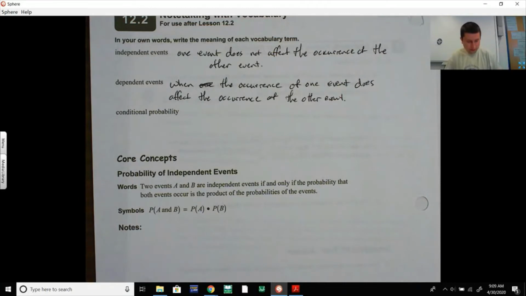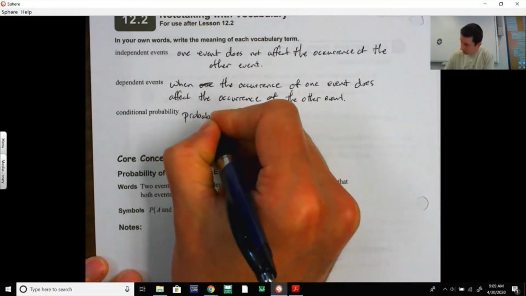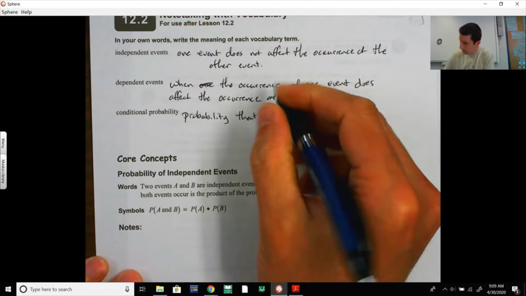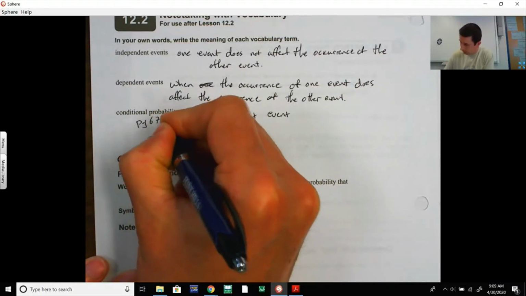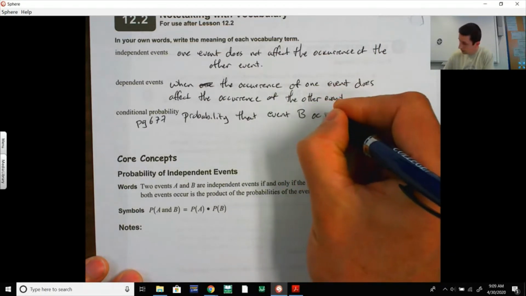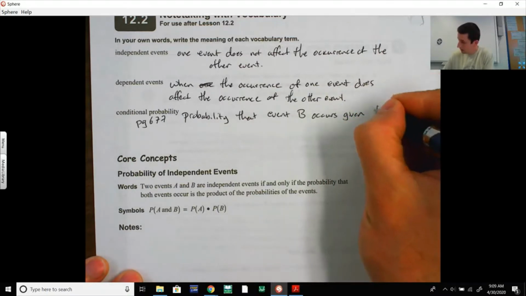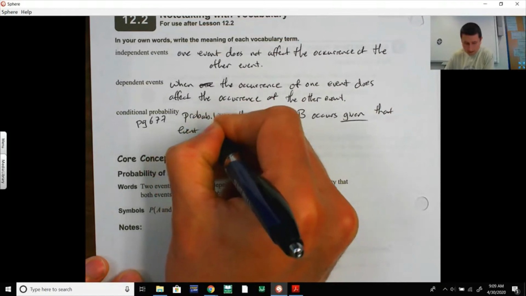Conditional probability. This is the probability, this is from page 677 in your book, that event B occurs given that event A has occurred.